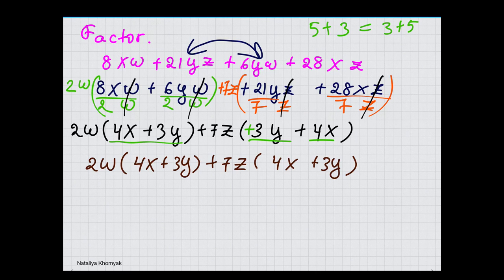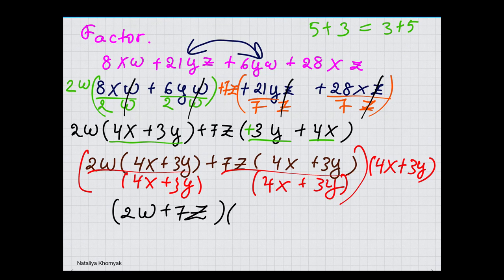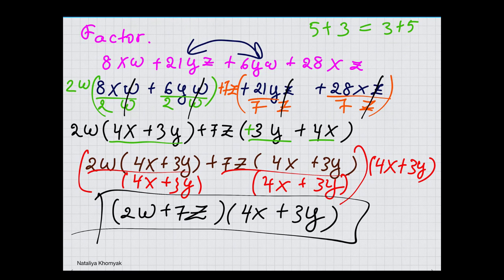And now we can factor out the parentheses. So we can divide by 4x plus 3y. Whatever goes in denominators goes on the outside, 4x plus 3y. So now we have 2w plus 7z times 4x plus 3y. And this is our solution.